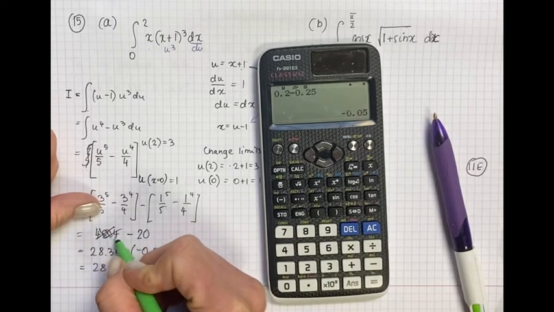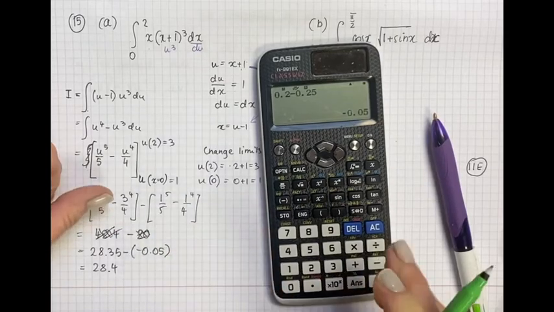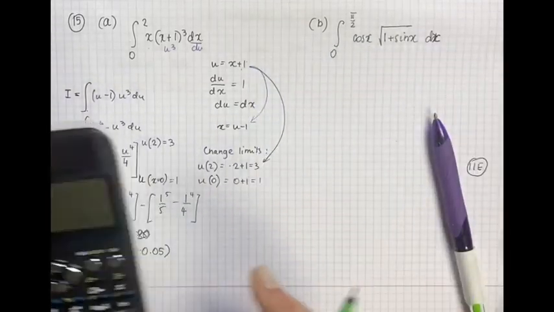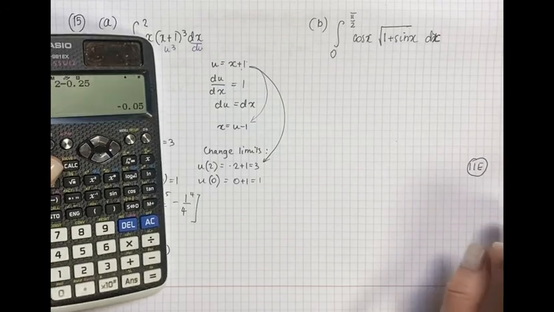So in the textbook the workings out are incorrect. Good. Let's have a look at example B.